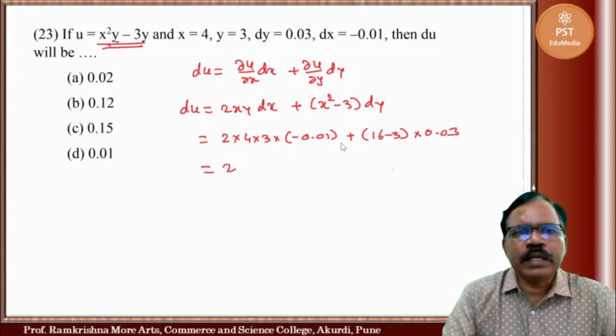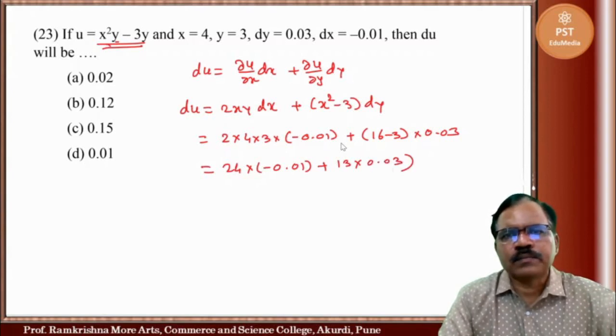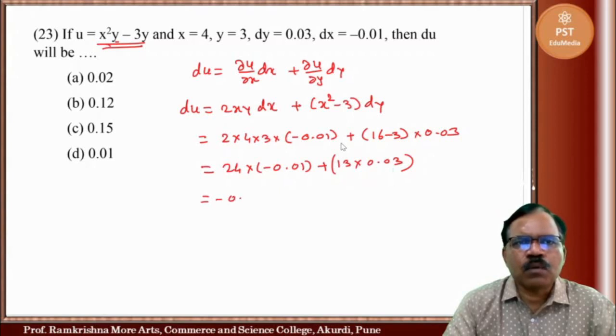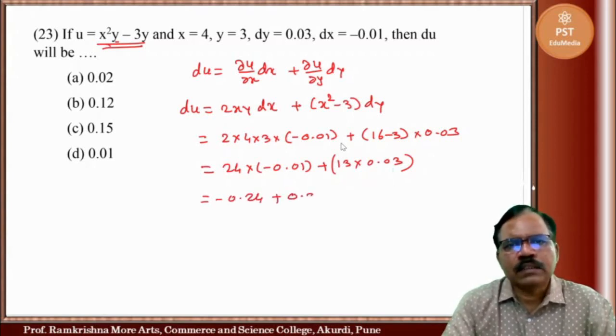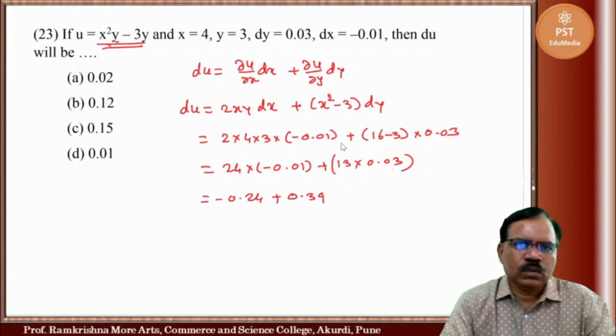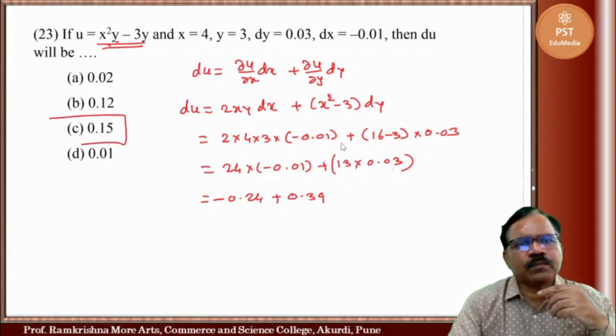So it is 24 into −0.01 plus 13 into 0.03. So it is −0.24 plus 0.39. So if we add these, you will get 0.15.